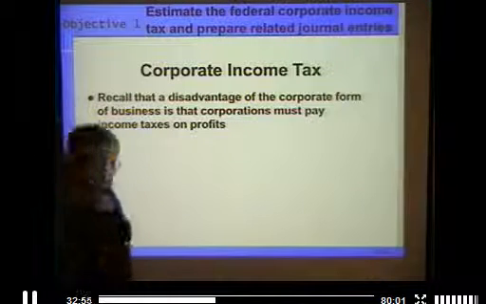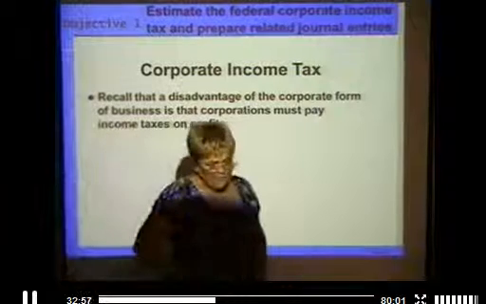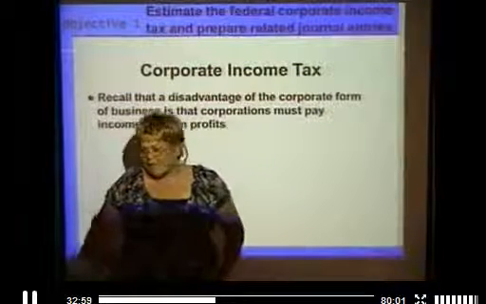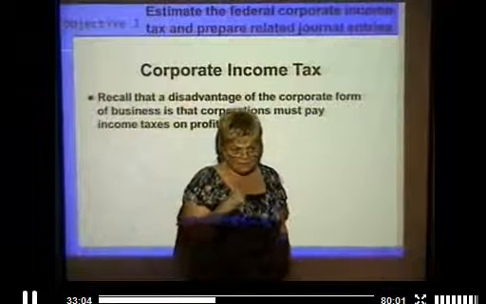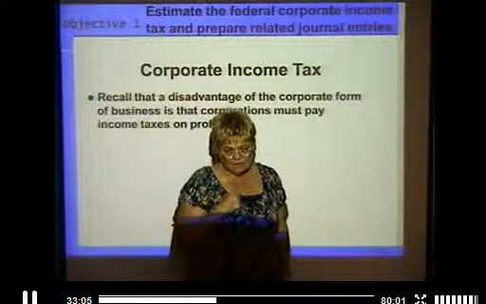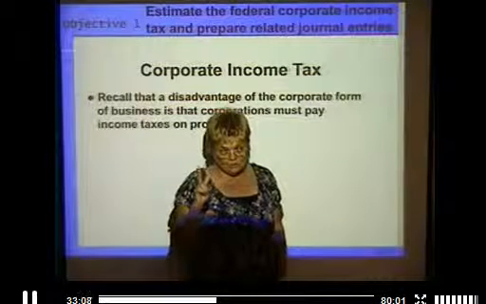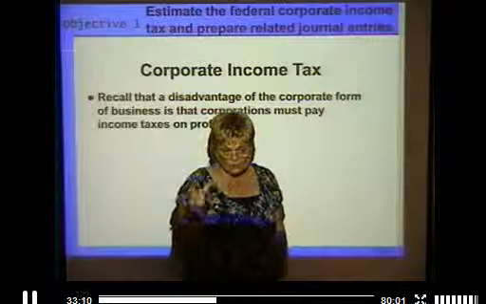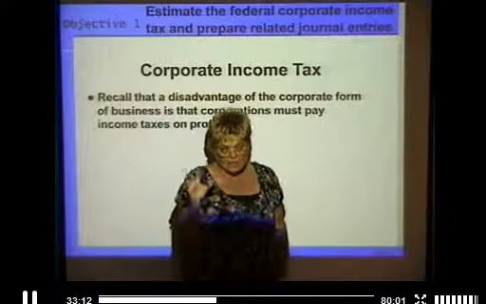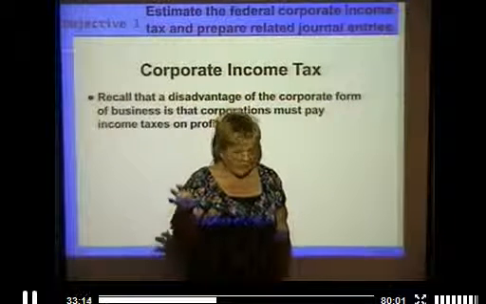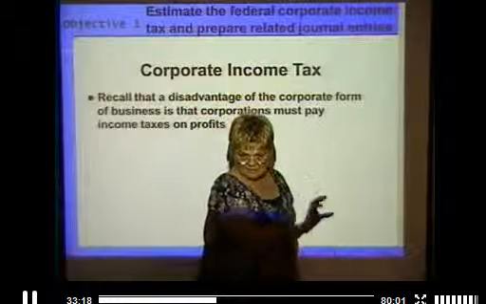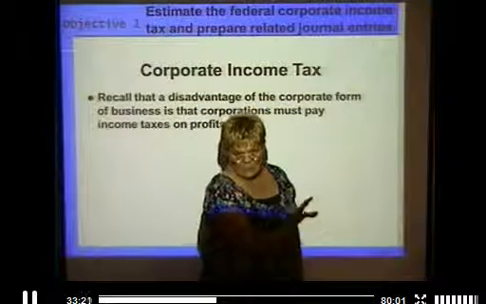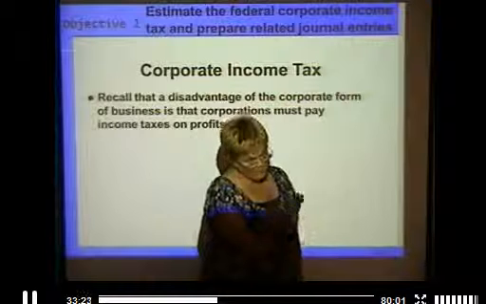A disadvantage of the corporation, which you'll learn when you read the first part of chapter 20, is that corporations have to pay income tax on their profits. So it ends up sort of being double taxation in a way, unless you're an S corporation, which is something different. The corporation has to pay the income tax first, but then when the person gets the distribution of dividends, they also have to pay taxes.